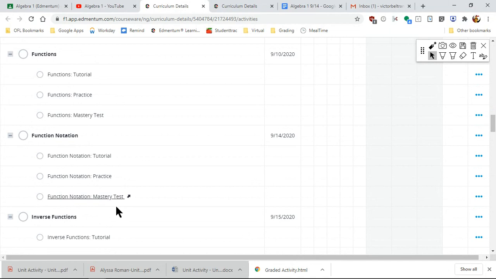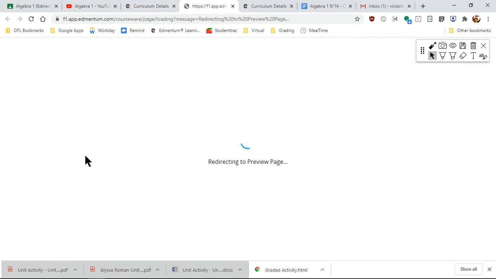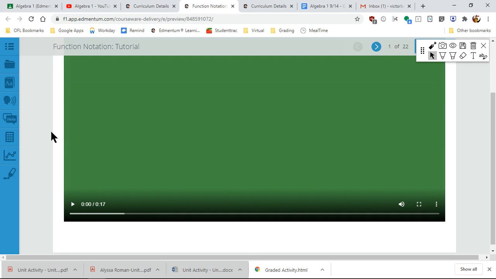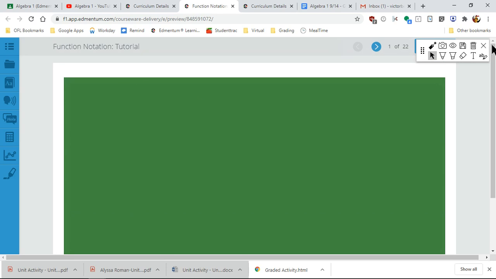All right, so what we're going to do here is we're going to start with function notation. So we already studied what a function was. That's the idea of you have an input and you get an output. Now we're going to write how function notations are. So you guys are used to seeing functions in the way of y equals something.